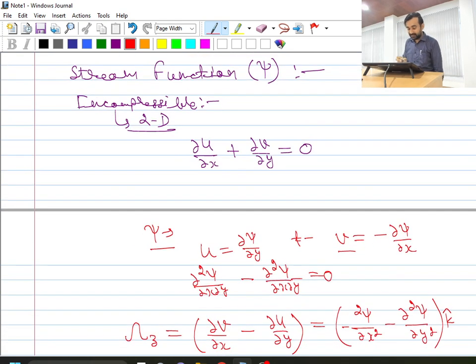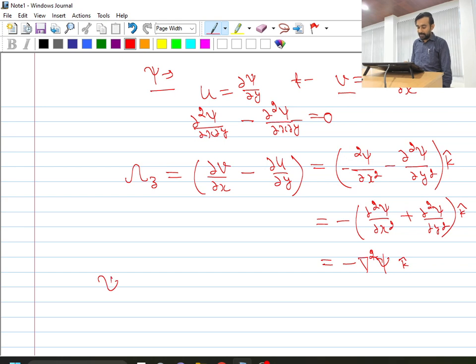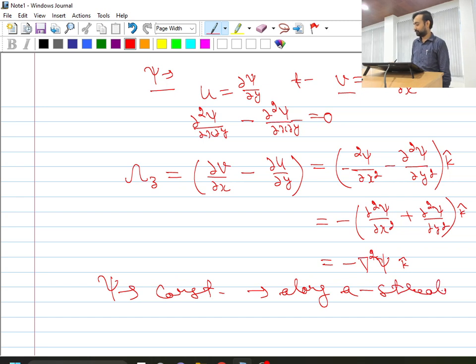Now, this formulation that I have discussed for psi, I have discussed for incompressible flow. Another beauty of this function is that the value of psi remains constant along a streamline. How can we prove it mathematically?